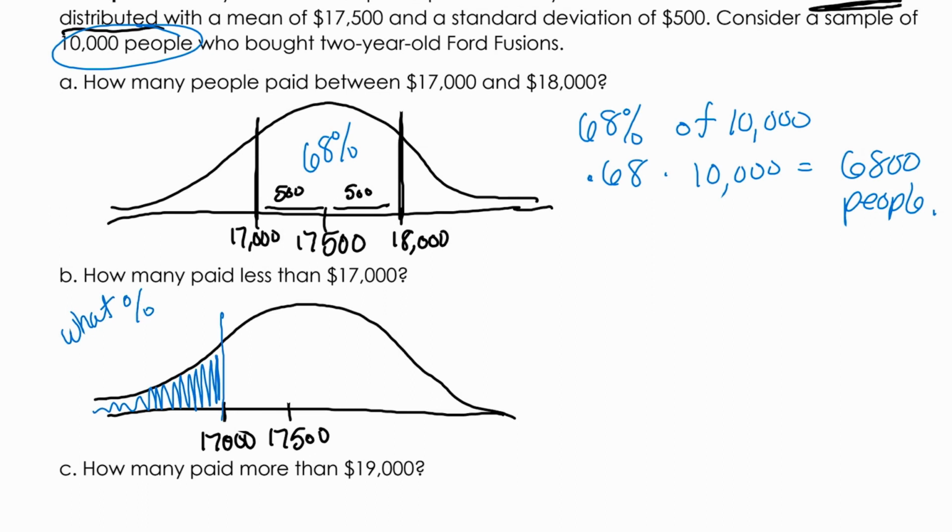Well, we can figure this out because I know from the previous part that if I go 500 to the right, that's going to give me 18,000.